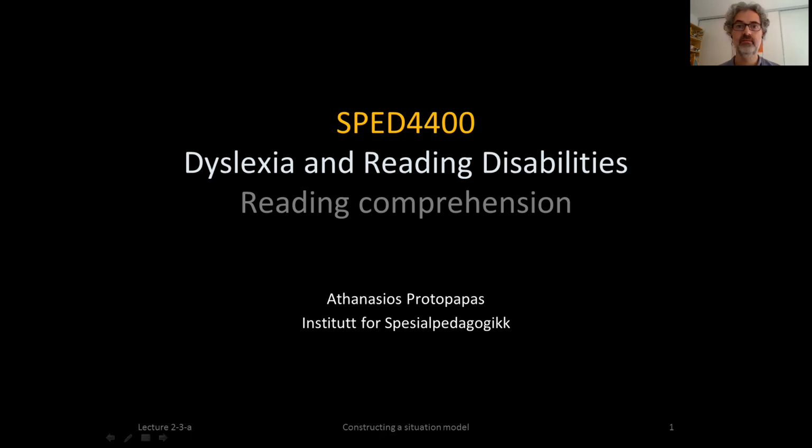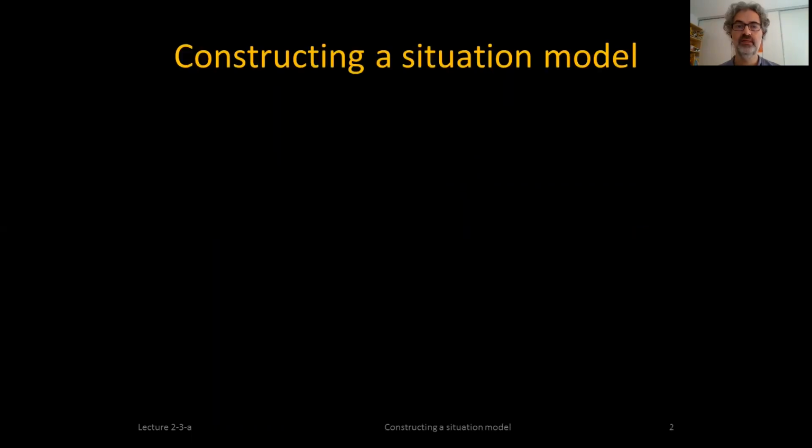In this video, we will talk about constructing a situation model according to the construction integration theory of reading comprehension. The construction of a situation model is what this theory posits happens in our minds while we're reading a text in order to understand it.